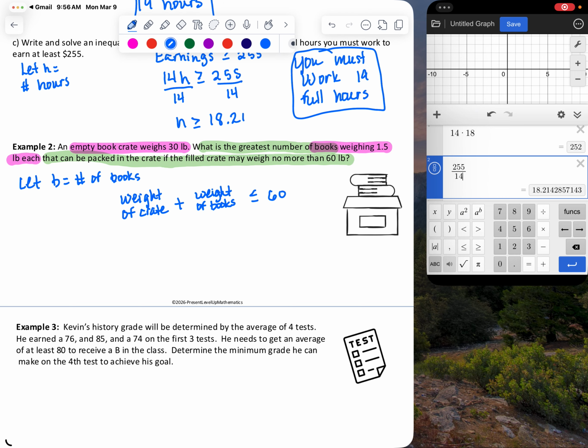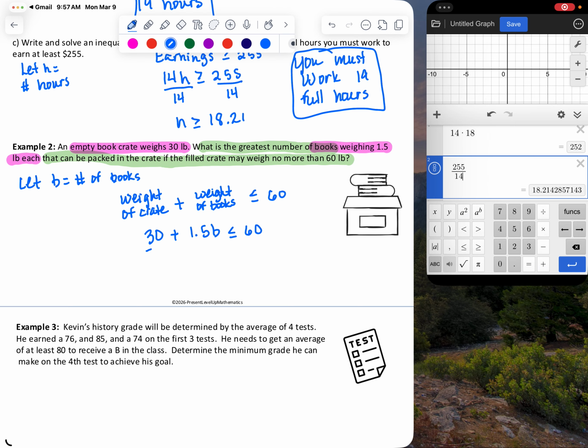All right. So in other words, the crate plus the books has to have a weight that's 60 pounds or smaller. So we do know, going back to our pink highlighted information, that the weight of the crate was 30 pounds. And the weight of each book was 1.5. So 30 plus 1.5b must be less than or equal to 60.